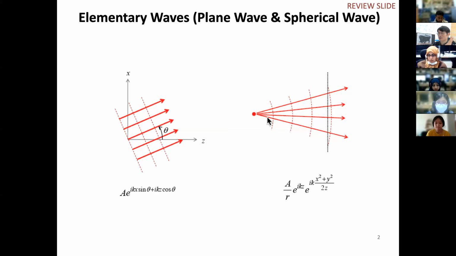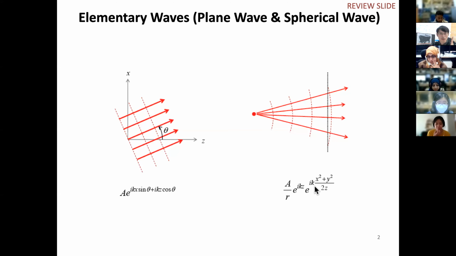So you can actually see it can be similar to a plane wave with respect to z, e to the i k z times e to the, remember, here comes a Taylor series expansion, and now a quadratic phase term is coming because these are quadratic. So e to the i k (x squared plus y squared) over 2z. So this is something we've seen.